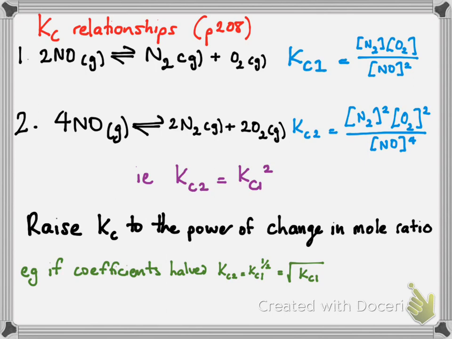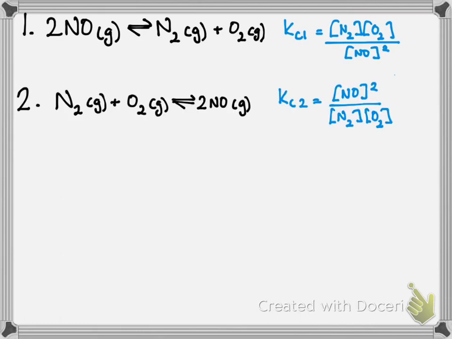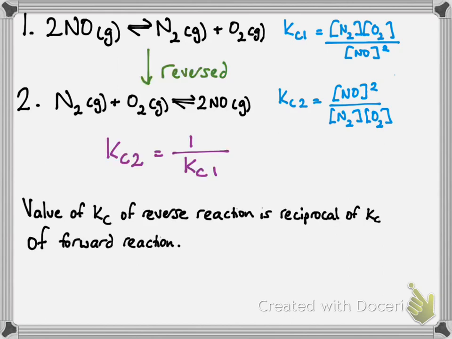This is going to become important when we put numbers into all of this. Here's another relationship for you. So here's the first reaction again, and its Kc expression. This time, what have I done? I've reversed it. So when you reverse it, as you can see, Kc2 is the reciprocal of Kc1, i.e. 1 over Kc1.